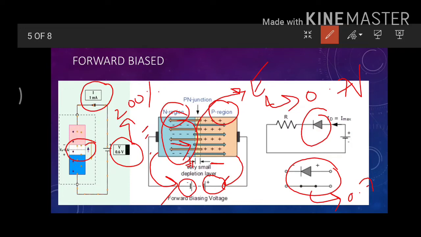Similarly, because this side is now more positive, it will attract electrons toward itself. And in the same way, positive charges are attracted toward that side, and hence the depletion region starts narrowing down, and the flow of electrons starts from the n-type region to the p-type region, completing the circuit.